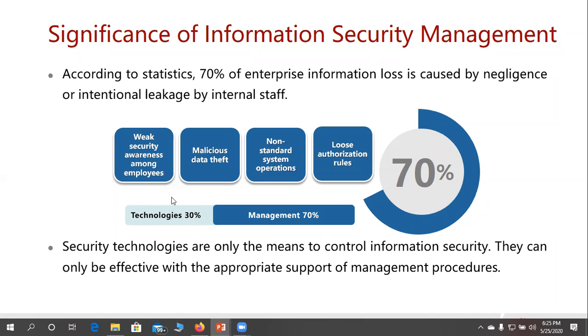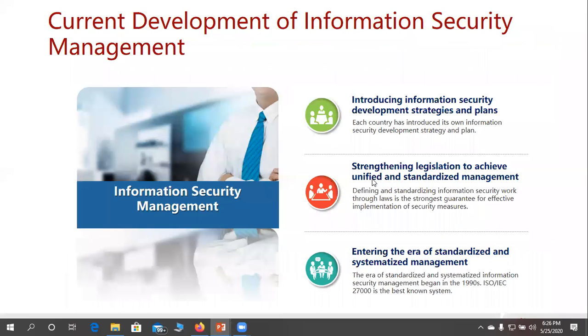So we have only 30% coming from the technologies that we have implemented. This indicates that security technologies are not the only means to control information security. Management must be involved, so we have to involve management as well.